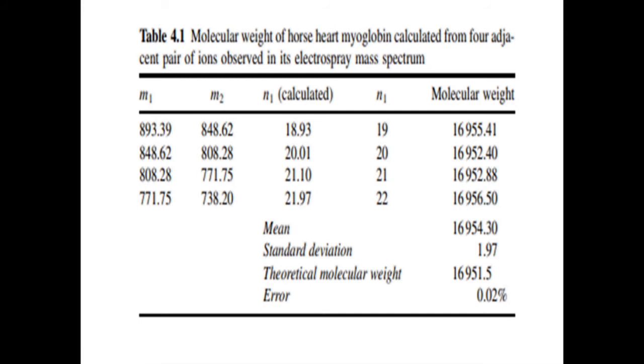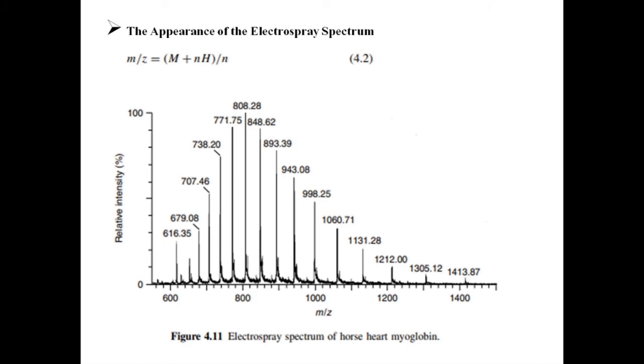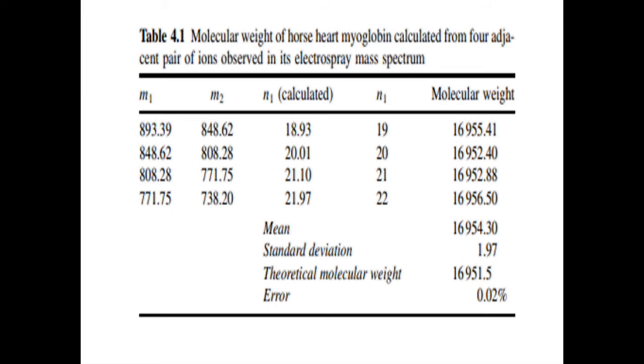If we consider the electrospray spectrum of horse heart myoglobin shown previously in figure 4.11, the information given in table 4.1 may be obtained by application of the above equation.